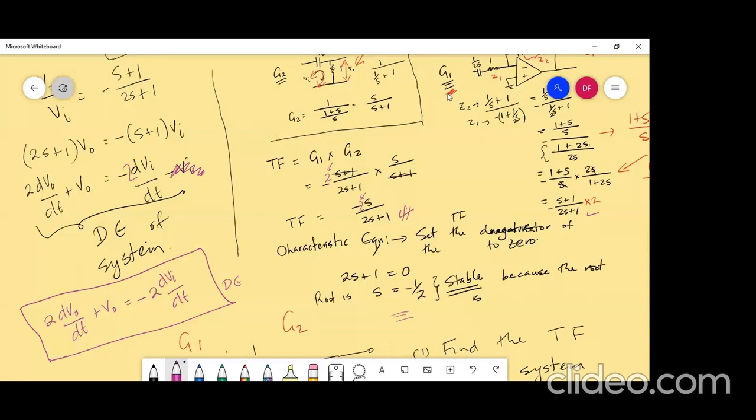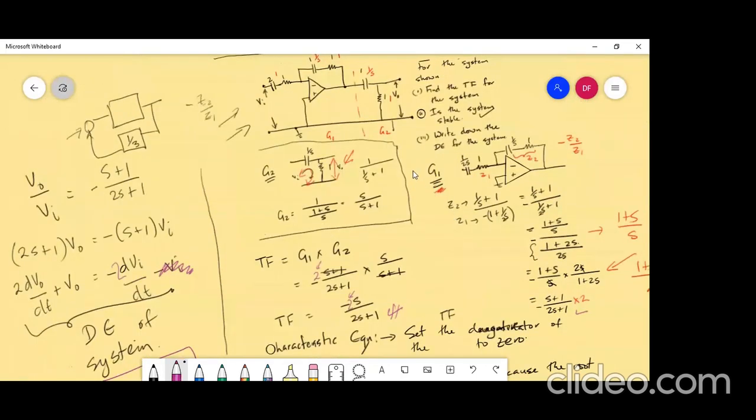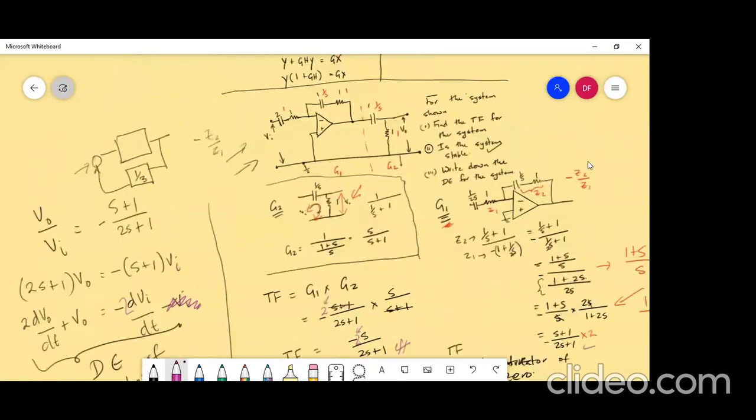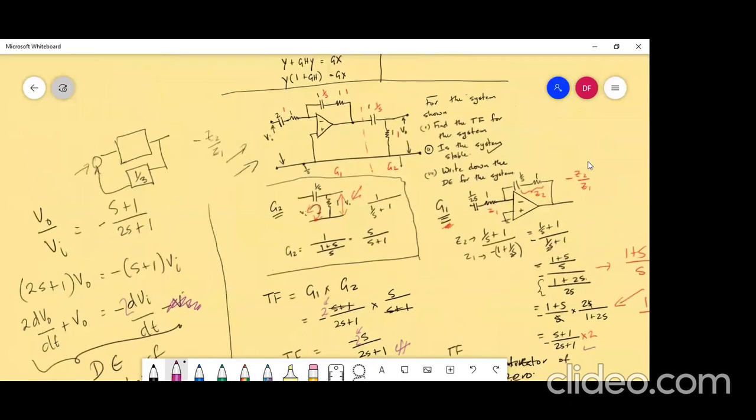Sir, when you're finding G2, you use the voltage divider rule. Did you find the Laplace of the voltage or something? No, what I did was write down the Laplace for each of the elements. For the section without the op-amp, you use the voltage divider rule.